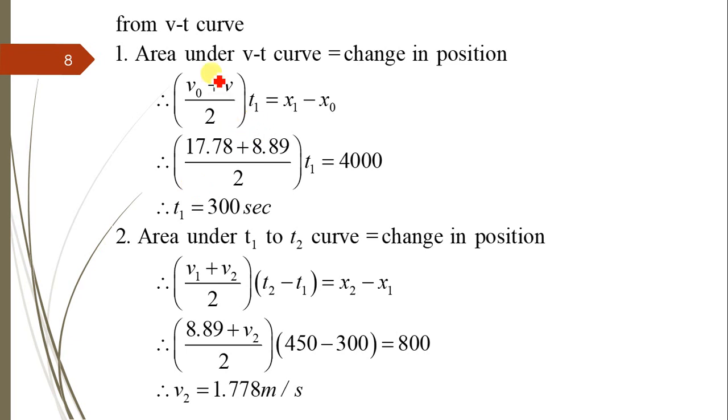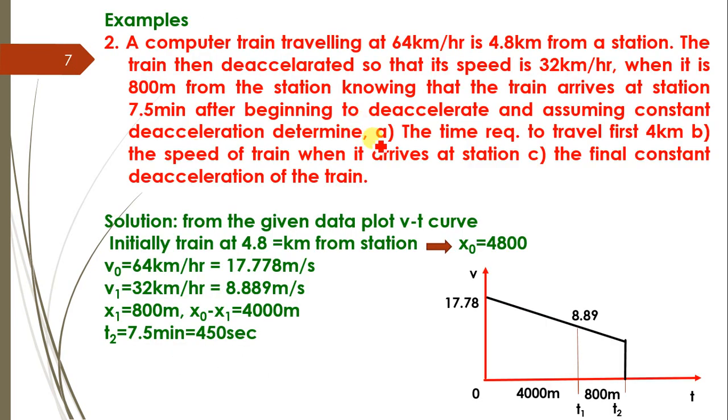So first we consider the area under the VT curve, which is equal to the change in position. So (v0 plus v) divided by 2 into t1 is equal to x1 minus x0. It means that from x equals 0 to t1, the area under this VT curve is a trapezoid.